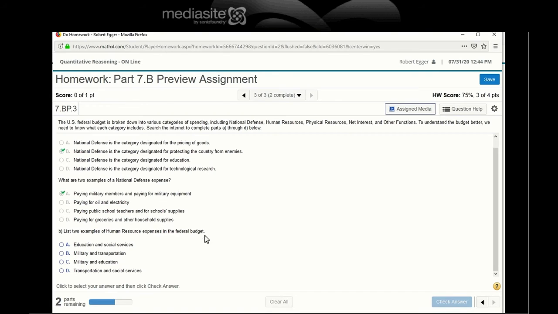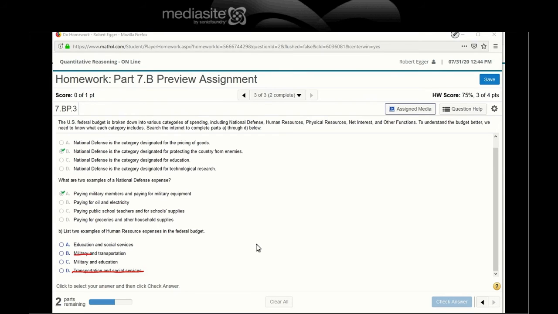Two examples of human resources expenses in the federal budget. Now, there's not a specific human resources category. Unlike military, national defense has its own category, human resources doesn't. But let's see. Human resources, again, is on people. So I pretty much rule out transportation and social services.